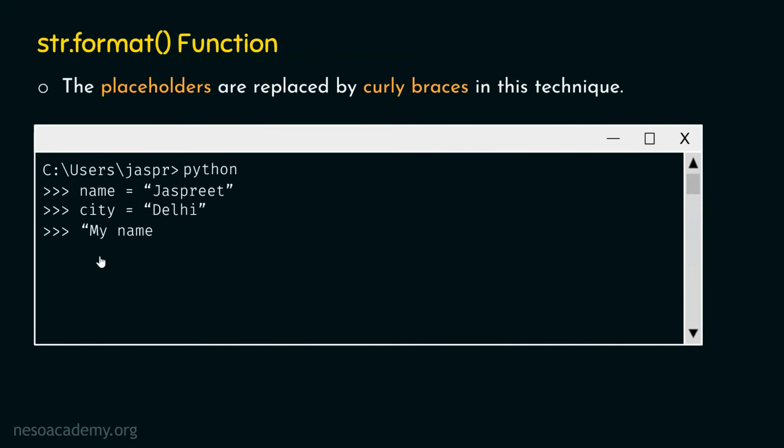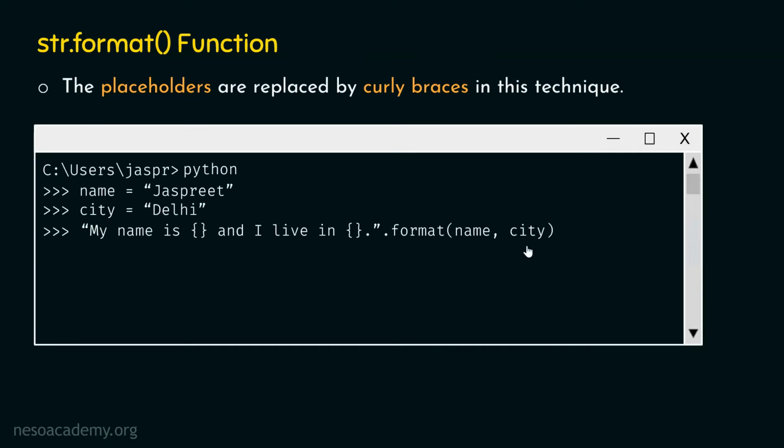Now let's type "my name is", a pair of curly braces, then "and I live in", then a pair of curly braces. After this entire string ends, we need to add a dot and then the name of the function, which is format. Then after this, within these round brackets, we need to provide our variables.